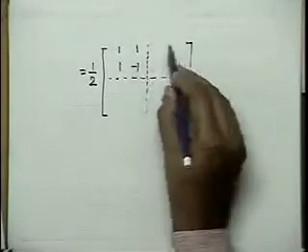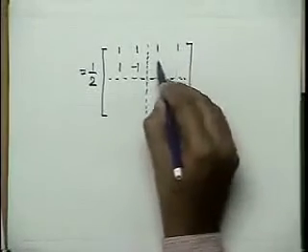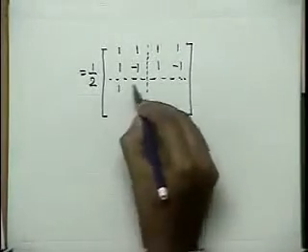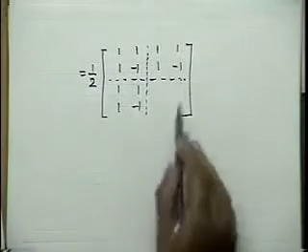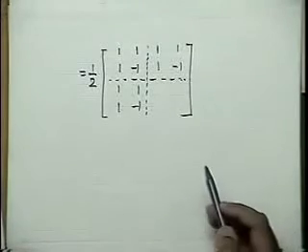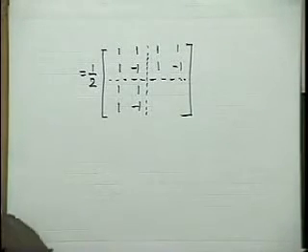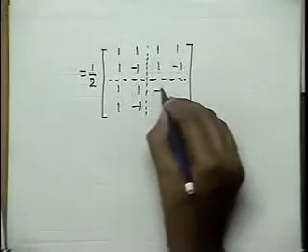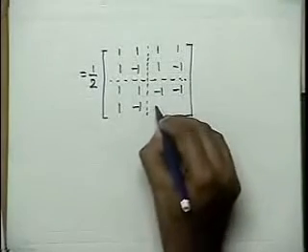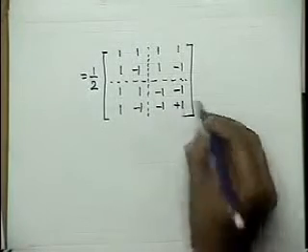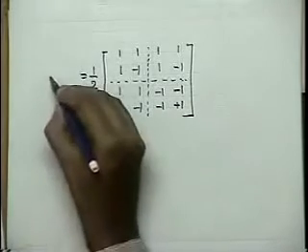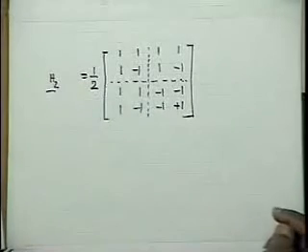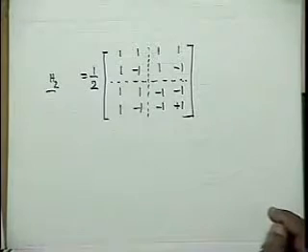Same here, 1, 1, 1, minus 1, because even here also it is H1. And in the last quadrant, the elements will be the elements of the minus H1 matrix, so minus 1, minus 1, minus 1, and here plus 1. So what I get as a result is the H2 matrix, the Hadamard matrix of second order.